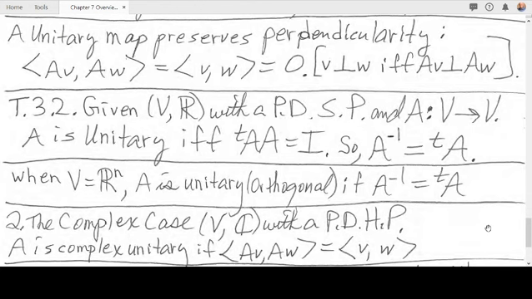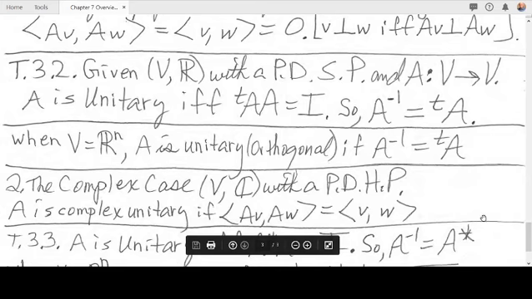They'll always have an inverse, and their inverse equals the transpose in the real case. So that's what I'm saying on the next line there. When V is equal to Rn, A is unitary, orthogonal, if the inverse of A equals the transpose of A.